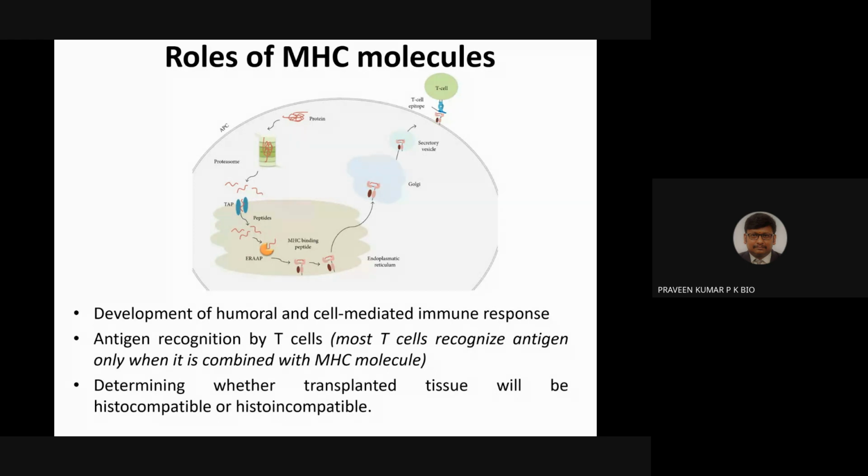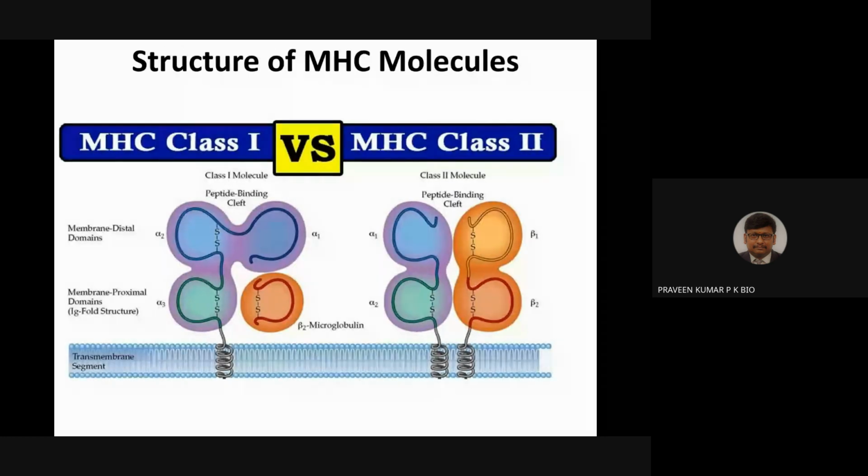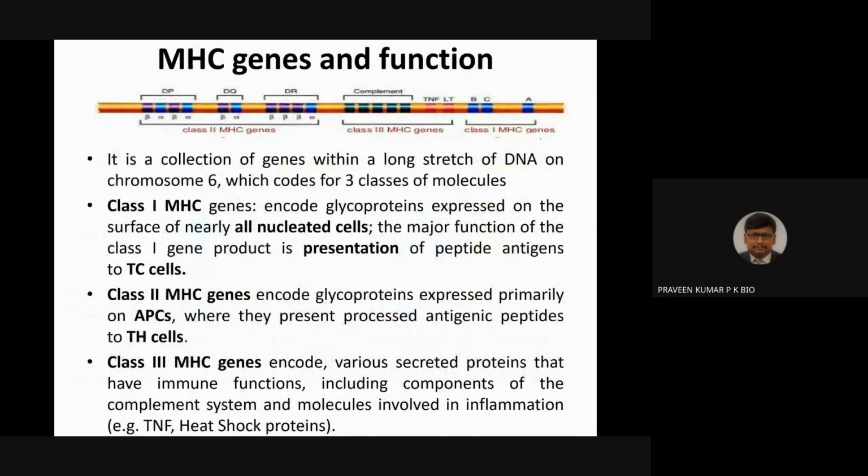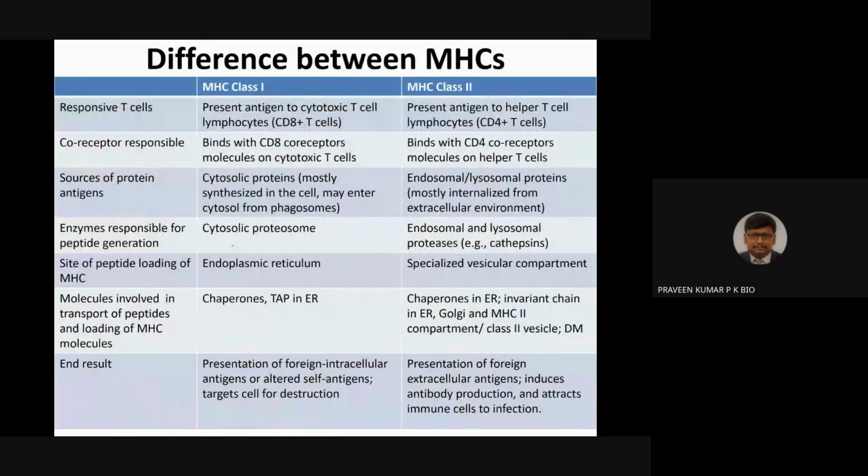The paratopic region of the T cell interacts with the epitopic region of the MHC, which gives activation of the T cell. This T cell can go and combat the cancer cells. So the structure of MHC molecules is explained, and not only do you have MHC1 and MHC2, you also have MHC3, which works on complement activation.